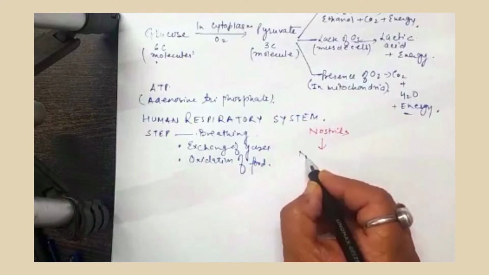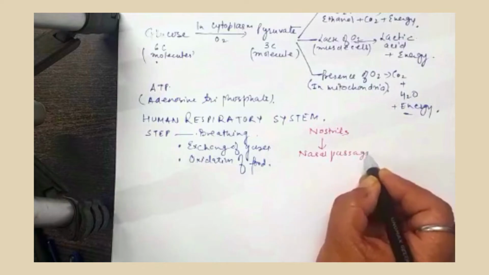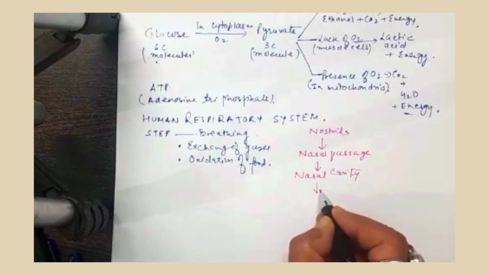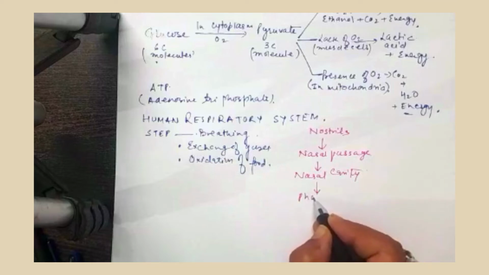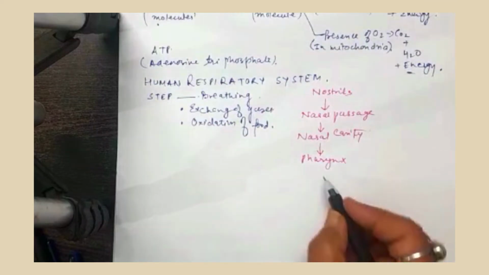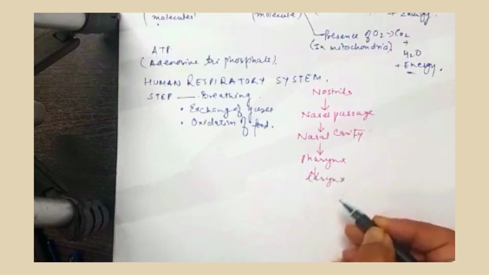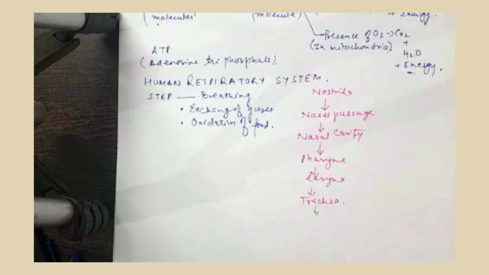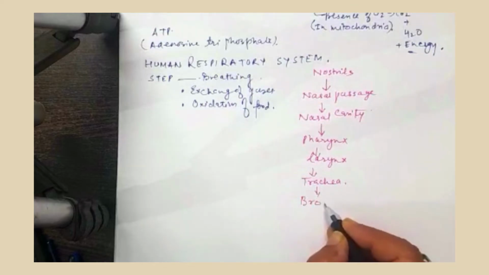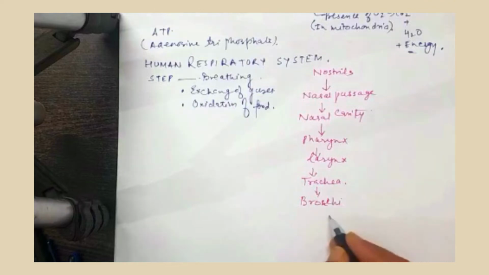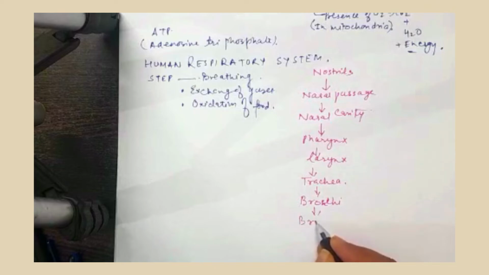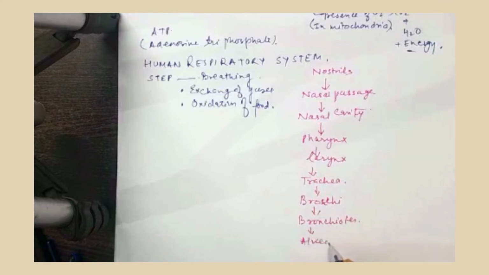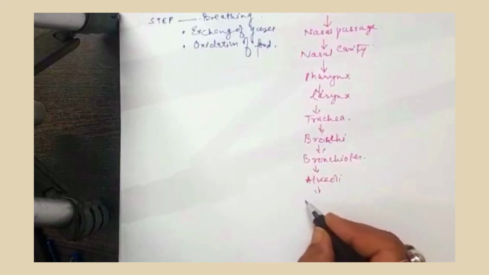It is going through nasal passage in the nasal cavity, then passes through pharynx, then larynx, that is windpipe, it goes to trachea, then it enters into the lungs where it goes to bronchi, then bronchioles, then alveoli, and then it goes to blood capillaries.